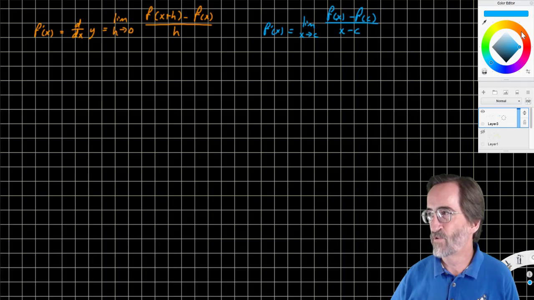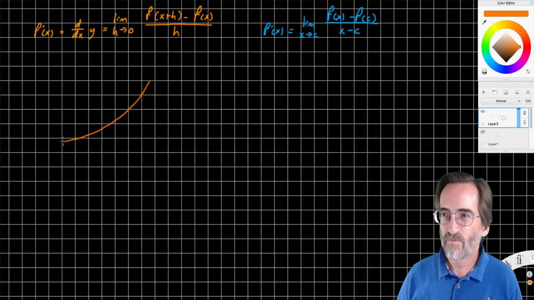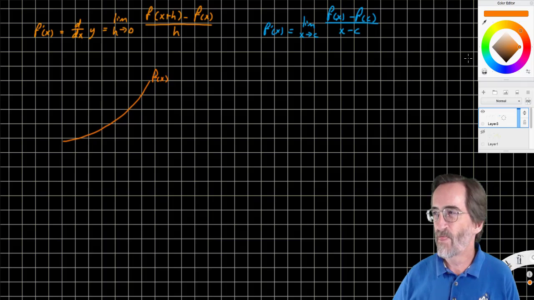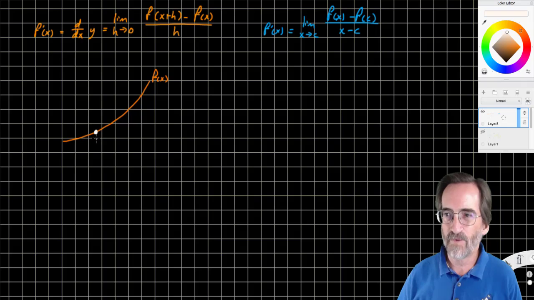Let me demonstrate for you. So let's say we have some curve, f of x, and we've got some point on the curve that we're trying to find the slope at. Some point, in this case, we'll call this x.